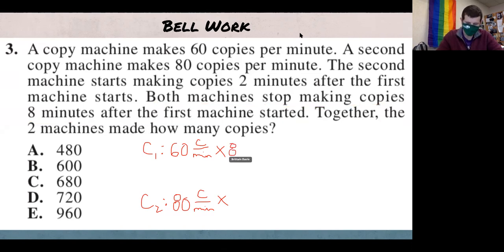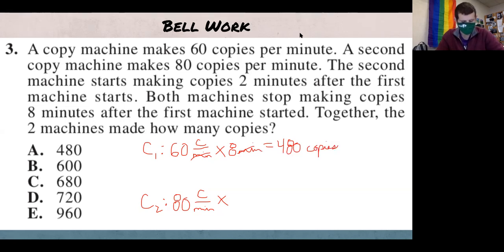So times 8 minutes. And now we can see the benefit of seeing the units here: 60 copies per minute times 8 minutes, we can cancel those units out and we get 60 times 8 is 480. That's just something you can quickly plug into your calculator.